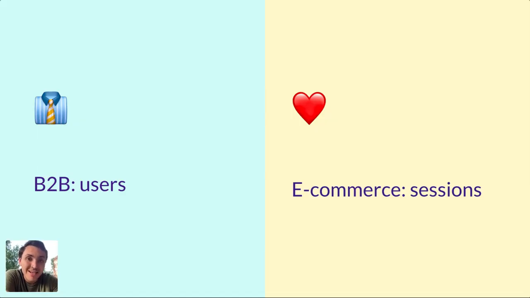If I were doing analysis for B2B businesses, maybe I will calculate the conversion rate by users. But if I did an analysis for e-commerce, maybe I will use sessions. Why? Because in B2B, for instance, in Porter Metrics, we are a provider for Google Looker Studio connectors, so you can automate your marketing reports. Yes, this is advertising.